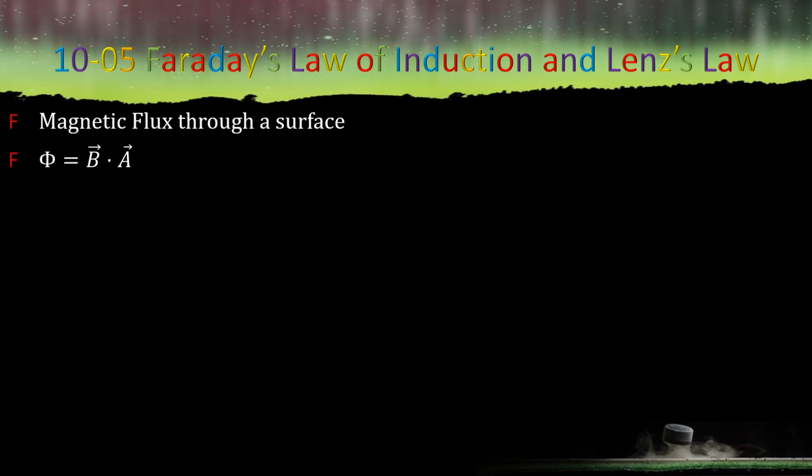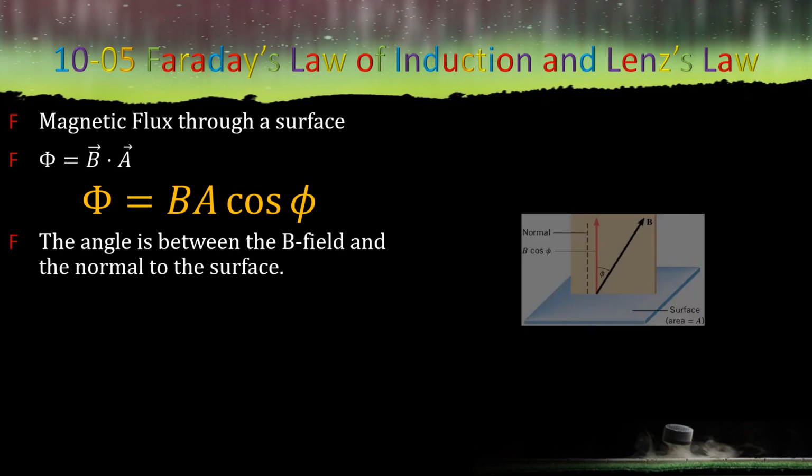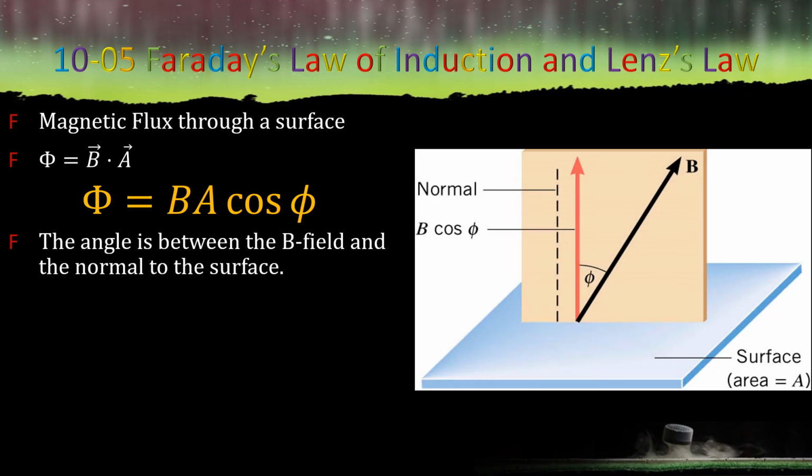Magnetic flux through a surface. As we know, flux is equal to B dot A, having vectors. It is a dot product, that's why we take cos phi, the angle between the field and the normal to the surface. This is a normal, and this is the field, and we are making angle phi.